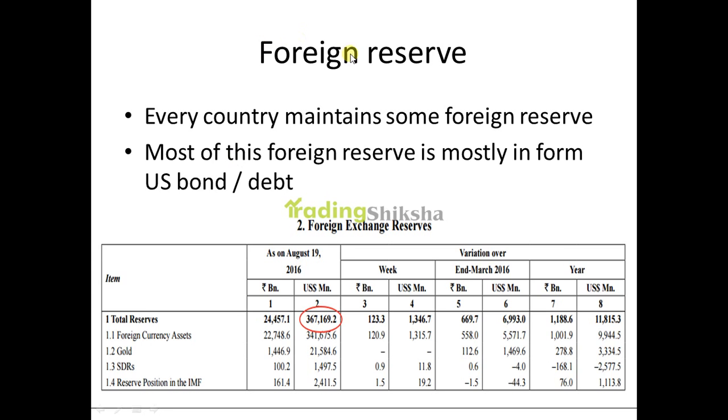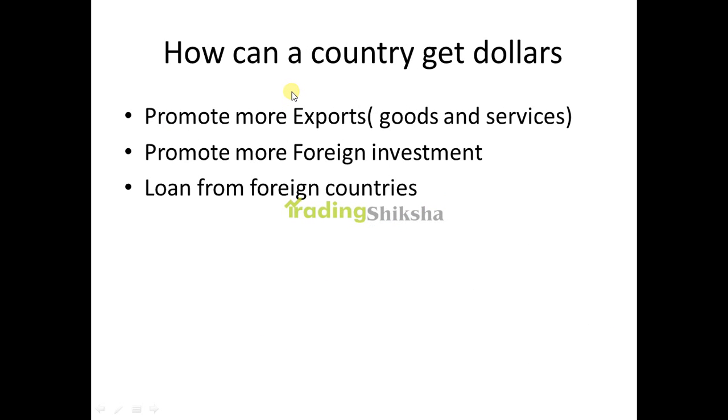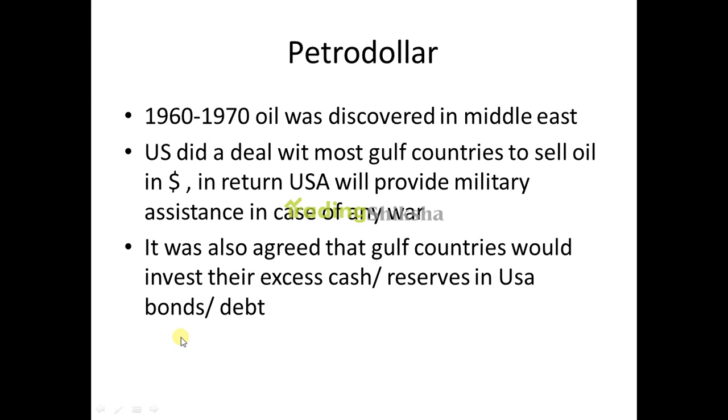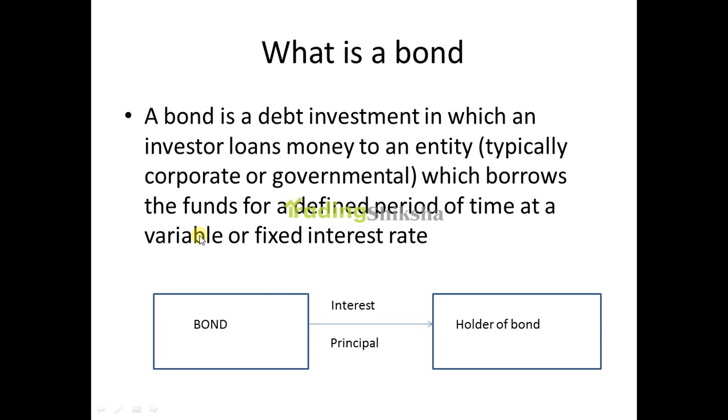Now I will discuss the second point of that agreement, that Gulf countries would invest their excess cash reserves in US bonds and debt. To understand this, we need to understand what a bond is. A bond is a debt instrument in which an investor loans money to an entity.